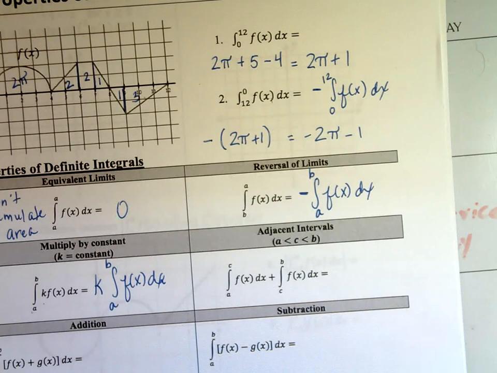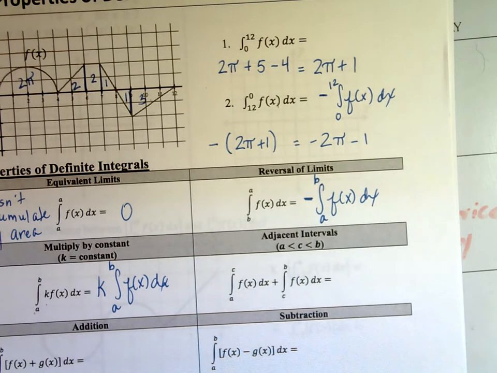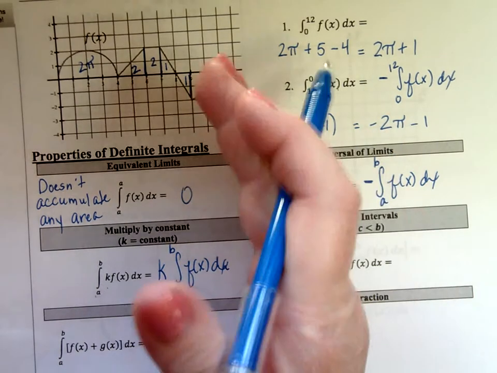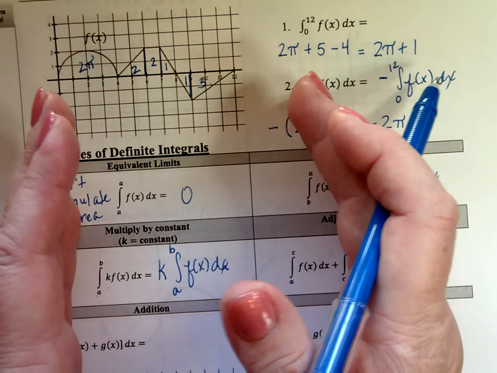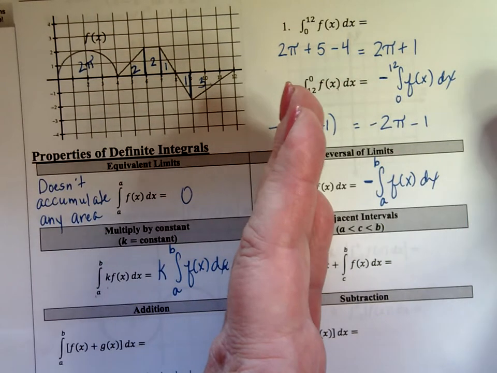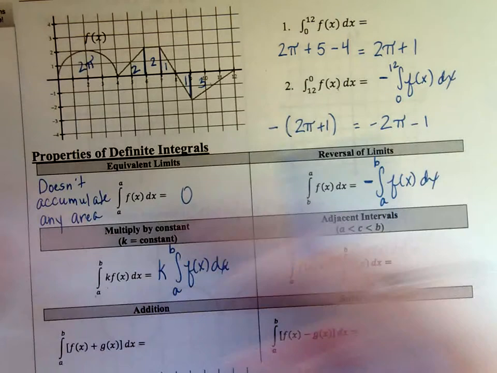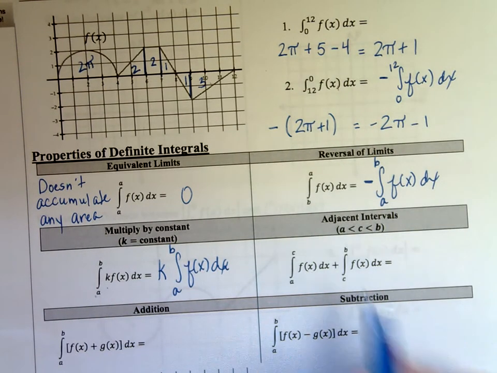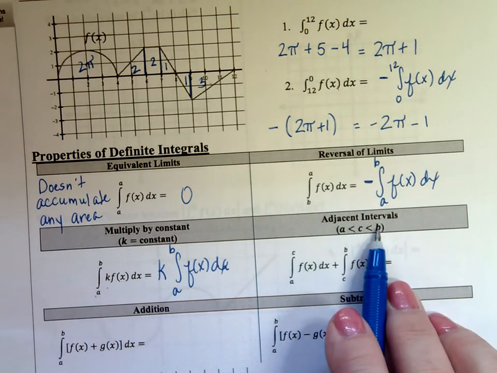And then the next rule reminds me of segment addition from geometry. I don't know if you remember segment addition, but if you take one segment, here, let me give you my hands, one segment, and then add it with the next segment, then it's going to equal a total of the whole thing. This is saying the same thing. See how C is between A and B?